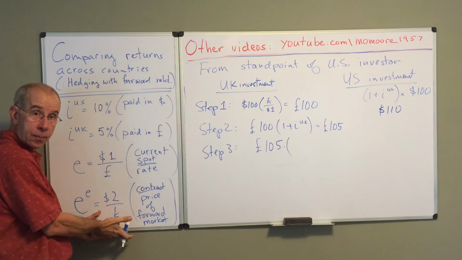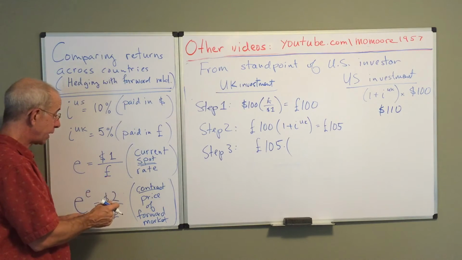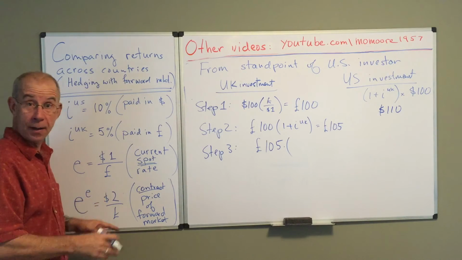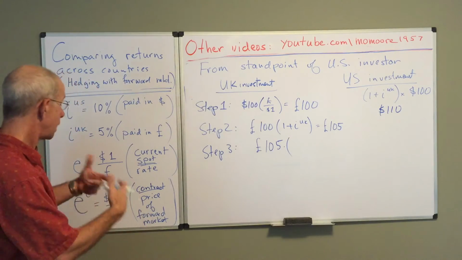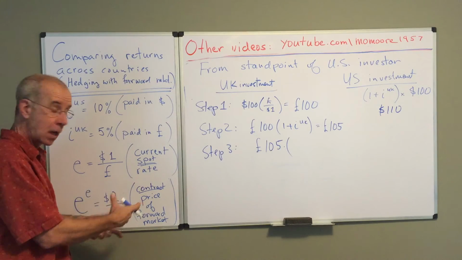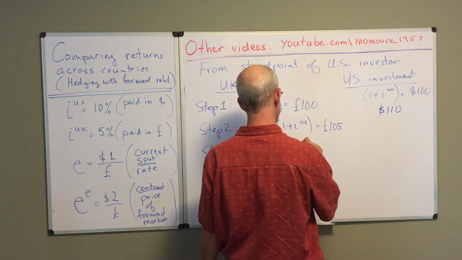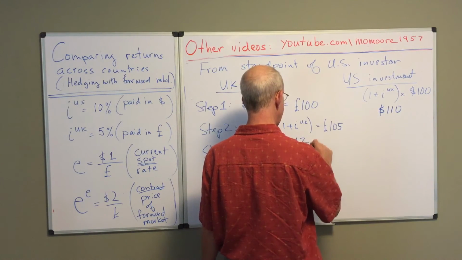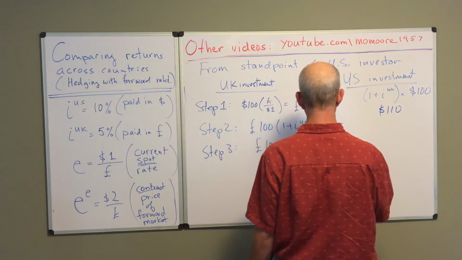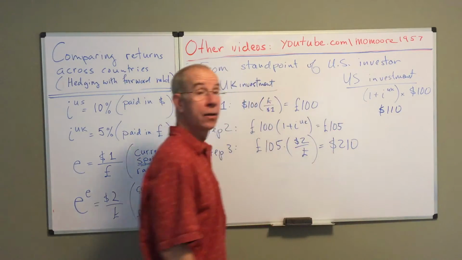And here's this contract price from a commercial bank, where the commercial bank will say, you bring me a pound, I'll give you $2. If you bring me $2, I'll buy a pound, whatever you want. So the American has pounds, wants to get dollars. So they take this contract price of $2 per pound, and they know that they're going to get back $210.